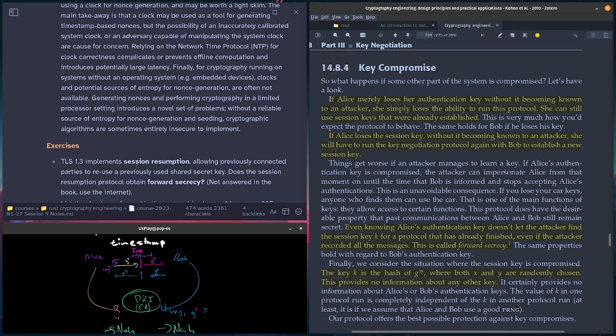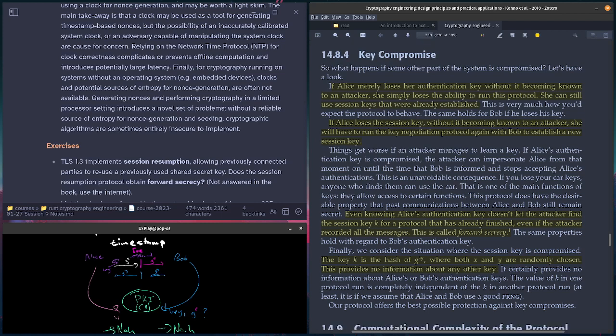But the last thing to really nail here is forward secrecy. The premise of forward secrecy is that we always want Alice and Bob to be using ephemeral keys when they establish session keys, as opposed to the long-term private key or public key pair.